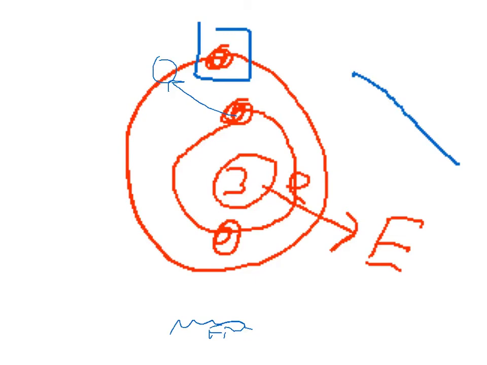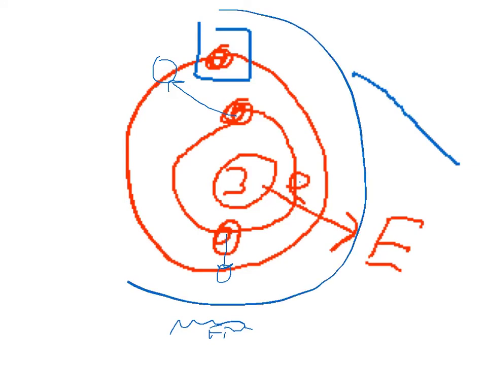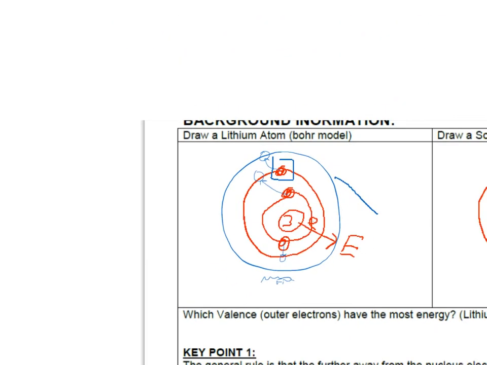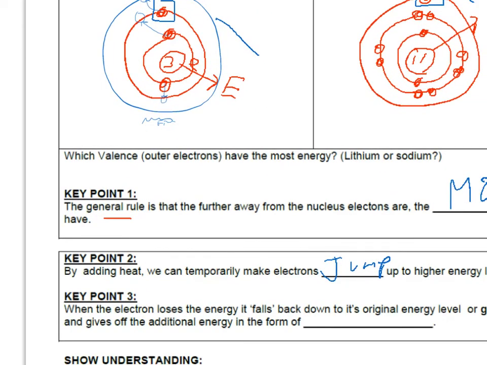So that electron could move up. This electron right here could move up, for example. And actually, we can even add another layer here. And this electron here could move up to a new valence layer. Okay? So when we add heat, it makes the electrons jump up to higher energy levels.